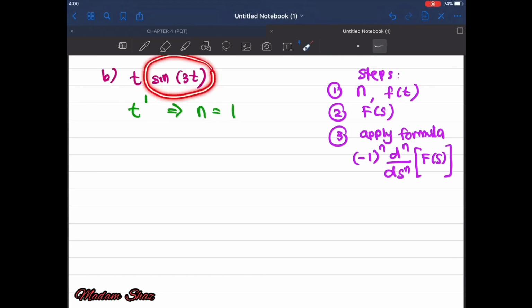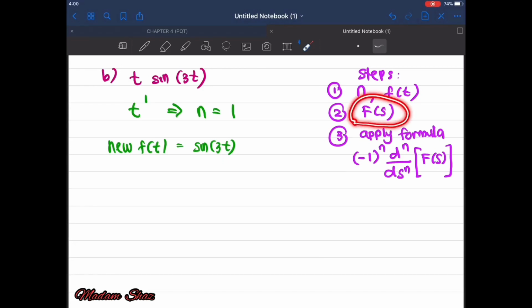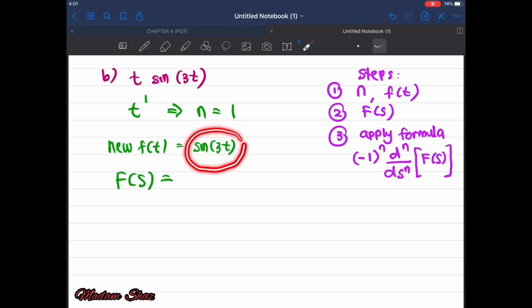Sine 3t here is our new f(t), because the new f(t) is the other function except the t. So we close the t. So this is our new f(t). Now step number 2, find the Laplace transform for the new f(t). Therefore F(s) is equal to the Laplace transform of sine 3t. So refer to the table of the Laplace transform.